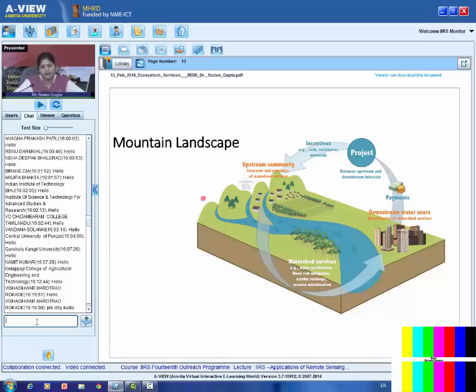If the activities upstream include the conservation of forests and protecting them against any loss, then downstream watershed services will be delivered to the people, and they benefit from that. These services can be paid for to the people upstream, who may not be earning so well and whose quality of life may not be as good as that of the people living downstream. So this is one example of a mountain landscape where activities protecting the landscape upstream have a direct beneficial role on the community downstream.